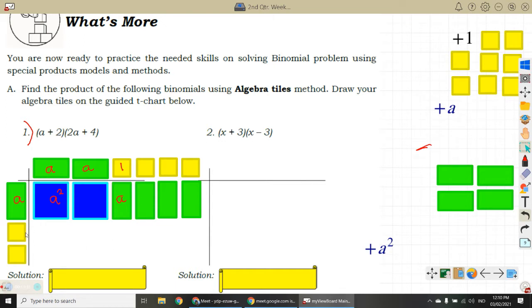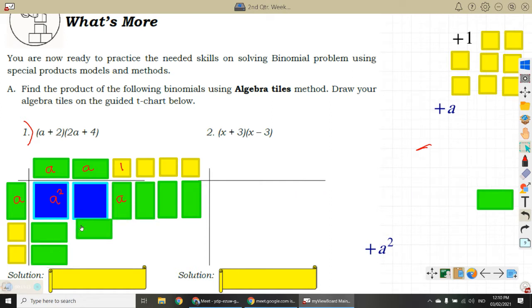How about dun sa baba? We also have a times 1, a times 1, a times 1, and a times 1. And then yung huli, 1 times 1, sorry. 1 times 1 is represented by 1, or simply this unit block.